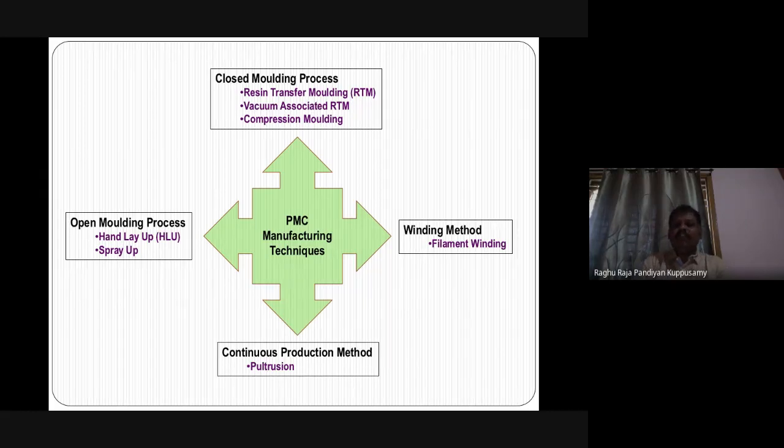In closed molding processes, you can see resin transfer molding, vacuum assisted RTM, compression molding, filament winding, and continuous production methods such as pultrusion. There are a wide variety of manufacturing methods, and we can decide among them mostly depending upon the complexity and dimensions of the product.